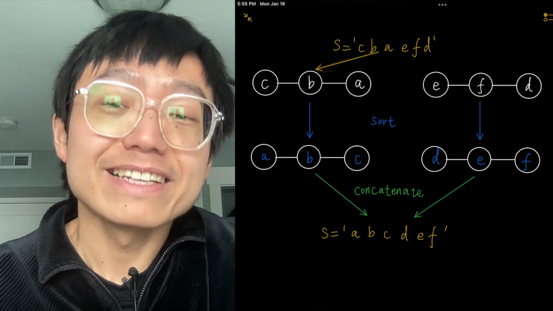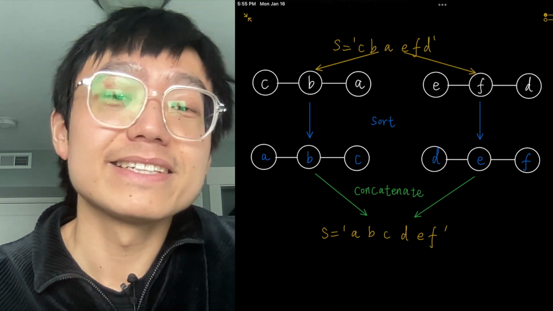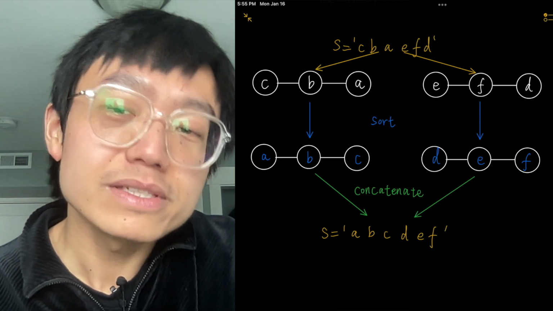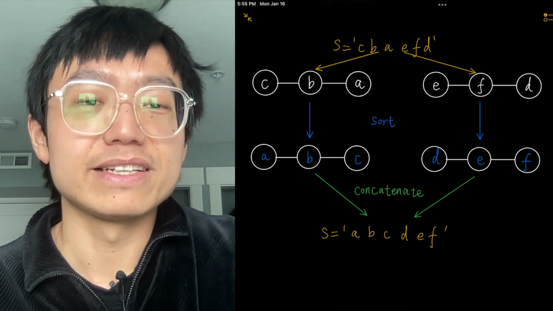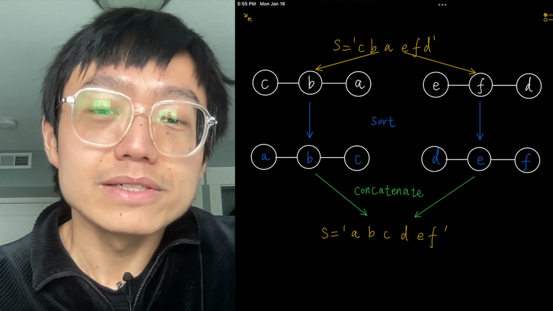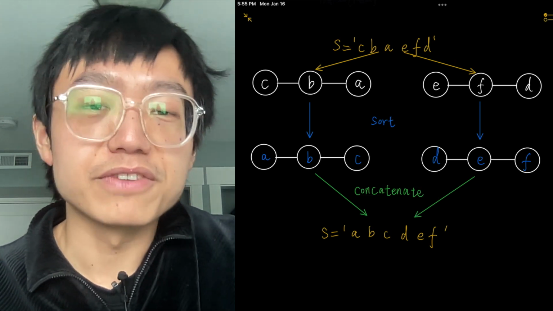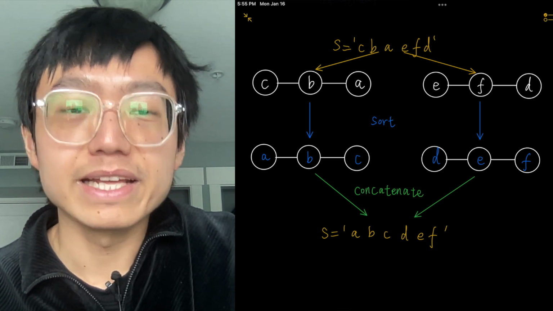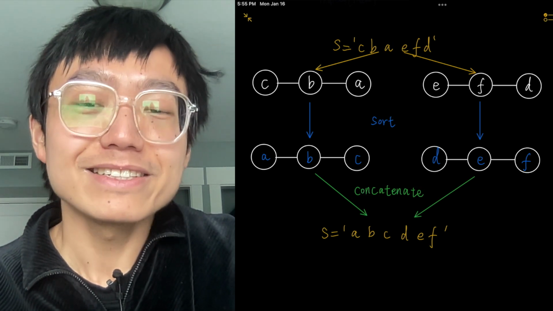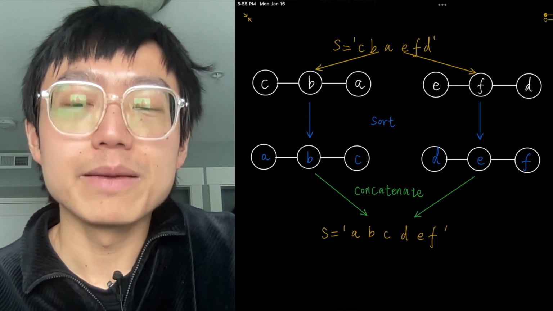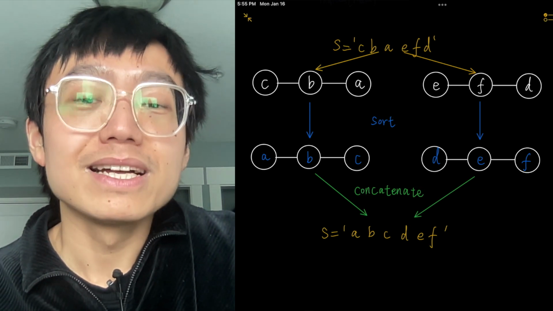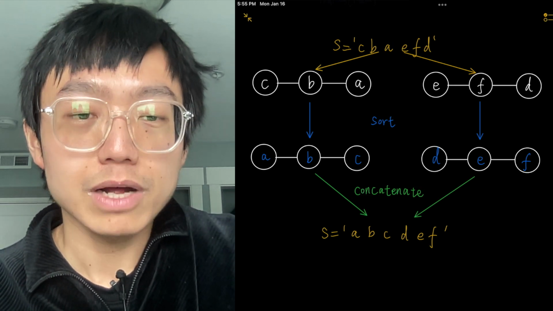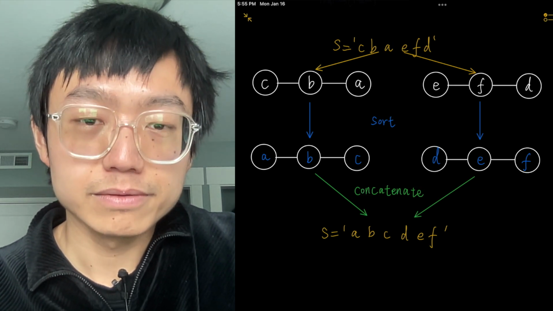Let's say we have a connected component of indices containing the characters C, B, and A, and we have another connected component containing the characters E, F, and D. After sorting the characters within each component, the first component will become ABC, and the second one will become DEF. Thus, we can concatenate them to get the string ABCDEF, which will be the lexicographically smallest string, and after we use the swaps, S can be changed to this.